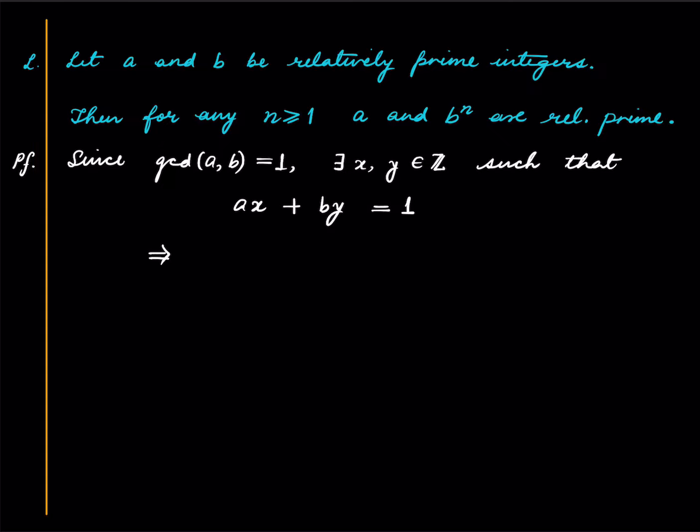So if I square both the sides, I will get a squared x squared plus 2abxy plus b squared y squared equals 1. So that, and now this implies that a times some integer, which I don't really care what that looks like, but let me write it.